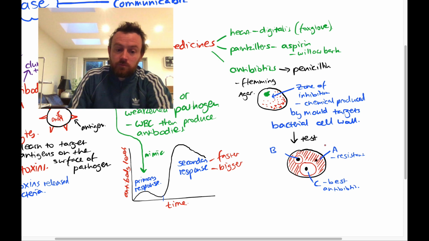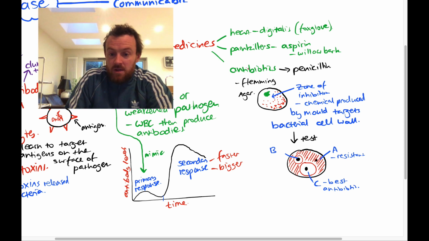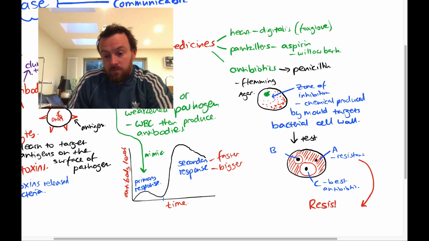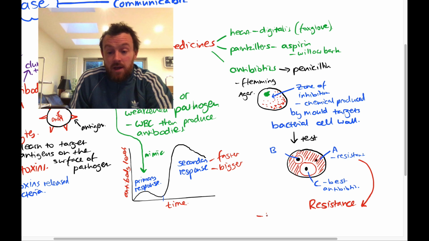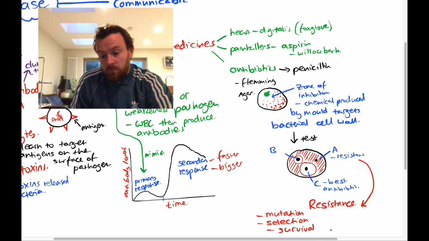Resistance, let's just do a loop from there. Resistance can occur in bacteria, and it requires a mutation, selection, and then survival to pass on genes.